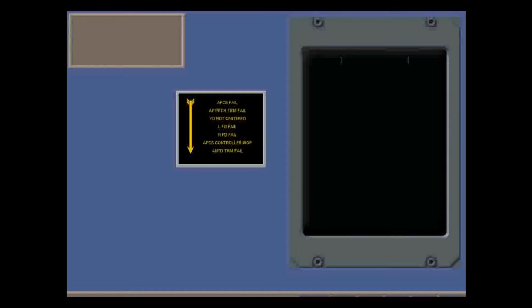Each message area has an associated priority, so if 2 messages are triggered at the same time, the one with the highest priority wins, and there is no indication of the existence of lower priority active messages.